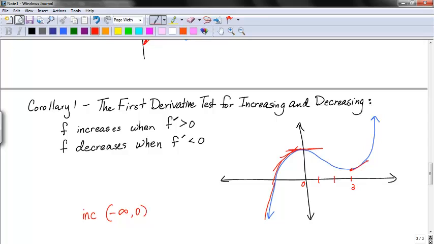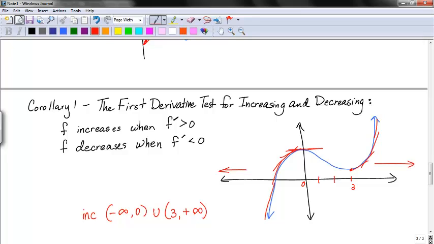It also increases or has a positive slope from 3 to positive infinity. Now, when I'm talking positive infinity, I'm not talking positive infinity up. I'm talking about positive infinity going out here to the right. Same thing, I'm talking negative infinity going out to the left. So it's everywhere it has a positive slope.